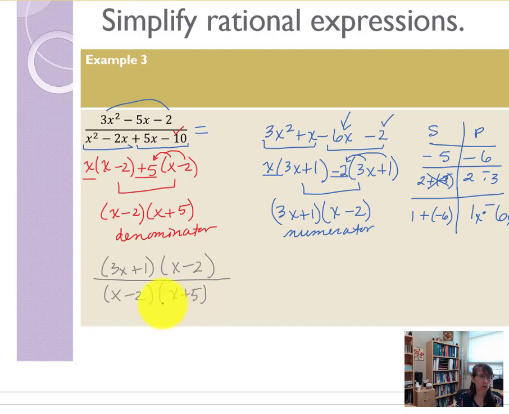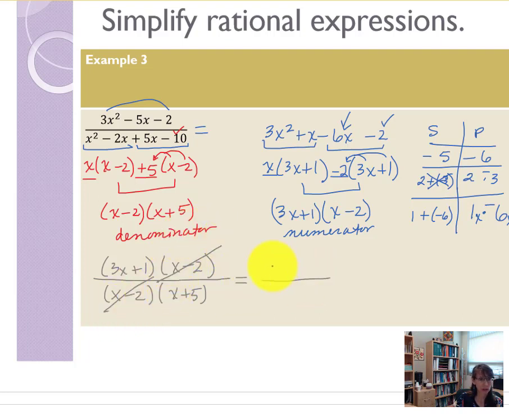The last thing we want to look for is if any of these factors are identical for the numerator and denominator to reduce. So it looks like 3x plus 1 does not match either one of the factors in the denominator. However, x minus 2 is found in both locations, so that quantity is reduced from the problem.